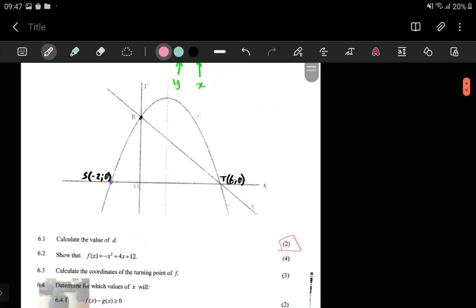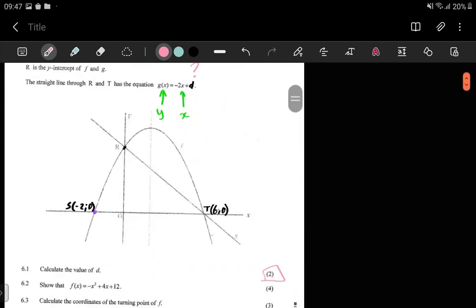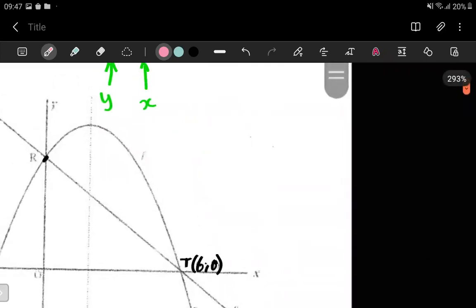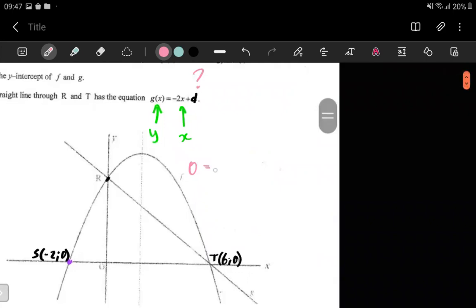But anyways, so we see for 2 marks here, we can throw in a coordinate that the line passes through, of which that's why T is important, because now where y is, we can put a 0. Where x is, we can put a 6. And then we can get a value for D, which is going to give us -12 plus D equals 0.